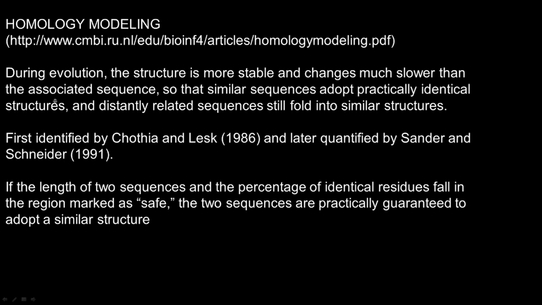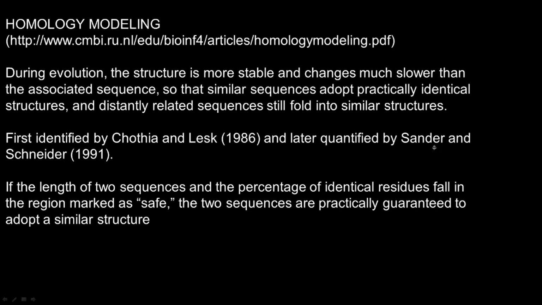Similar sequences adopt practically identical structures, and distantly related sequences still fold into similar structures. That means if the similarity is even 30%, 40%, we can say the three-dimensional structure will be almost the same. Even if sequences change, the structure is more stable.